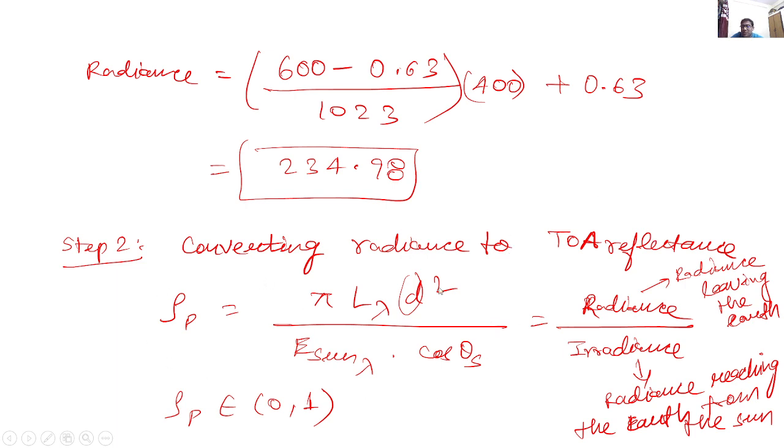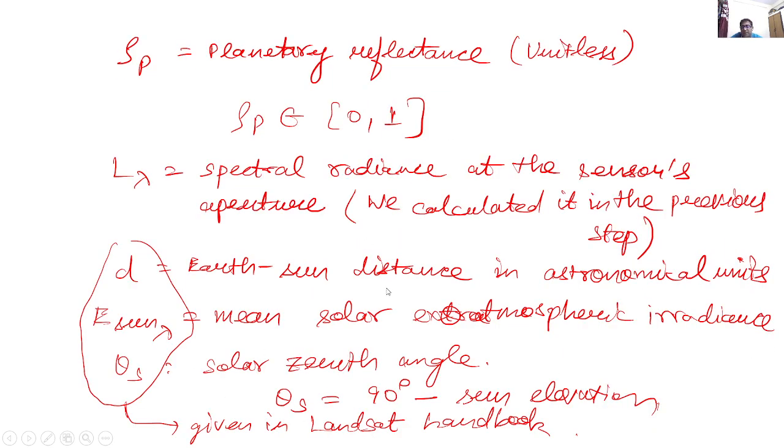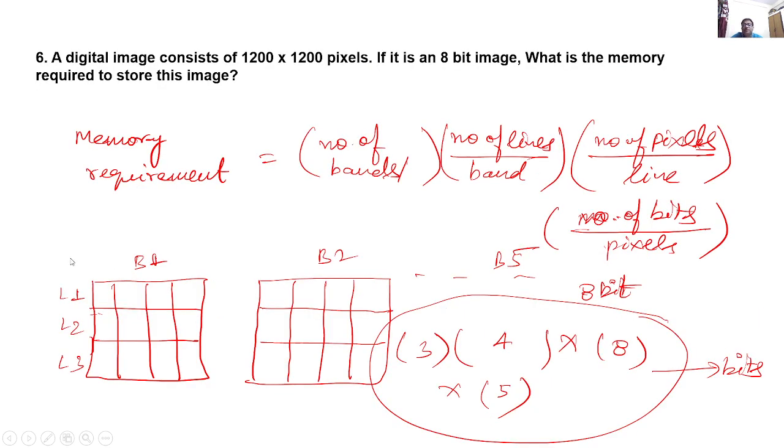So this is the expression through which we can get the top of the atmosphere reflectance. Reflectance, as we all know, is the ratio of the radiance to the irradiance, and it will always vary between 0 and 1. So it depends on the Earth to Sun distance, the atmospheric irradiance, and the solar zenith angle. These values are already given in the Landsat handbook.